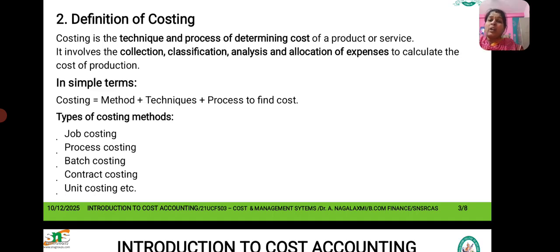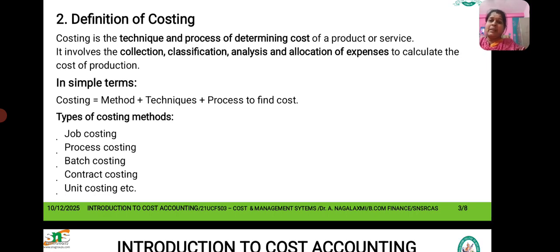So we have to collect what are all the expenses incurred. We have to split that: what comes under material, what comes under labor, what comes under overheads. We have to allocate the expenses for each, in order to find out the cost of production.